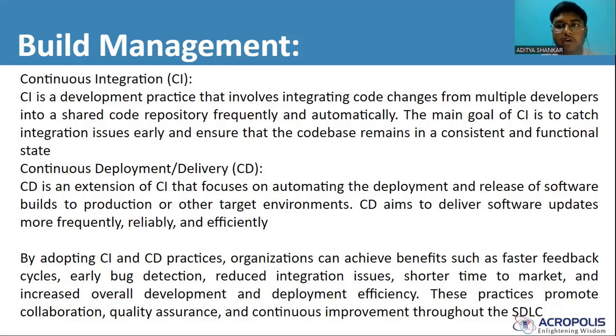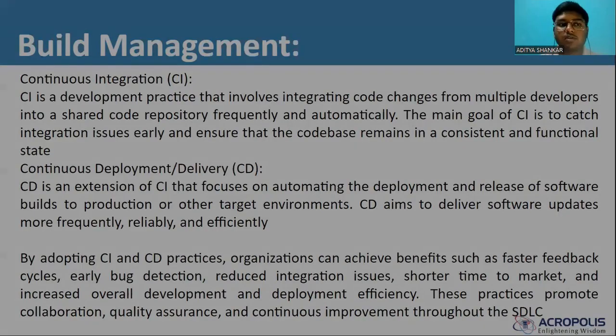Why do we adopt these practices? Organizations can achieve benefits such as faster feedback cycles, early bug detection, reduced integration issues, and others that I have written over here. These promote collaboration, quality assurance, and continuous improvement throughout the software development lifecycle.